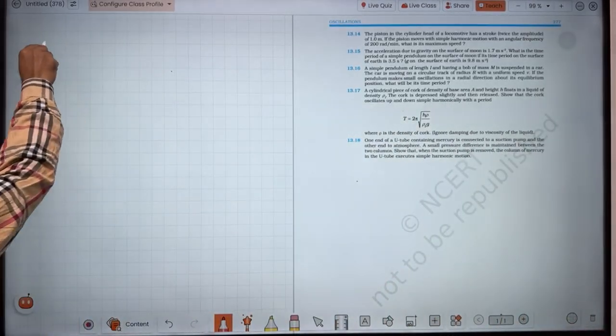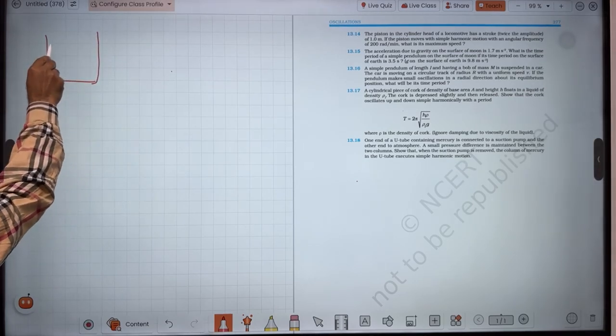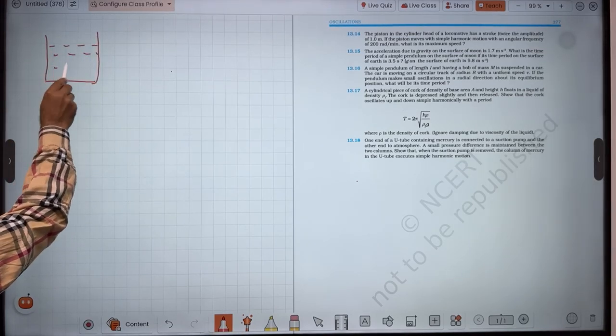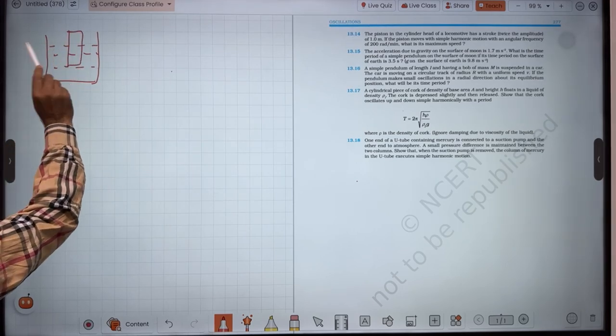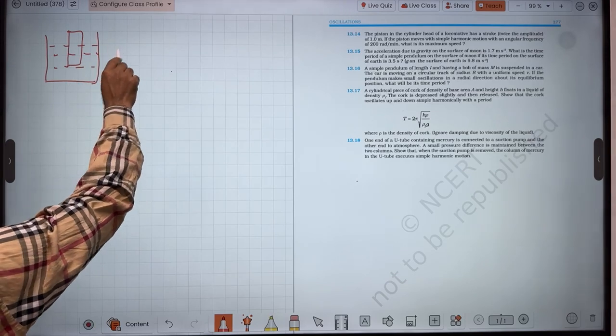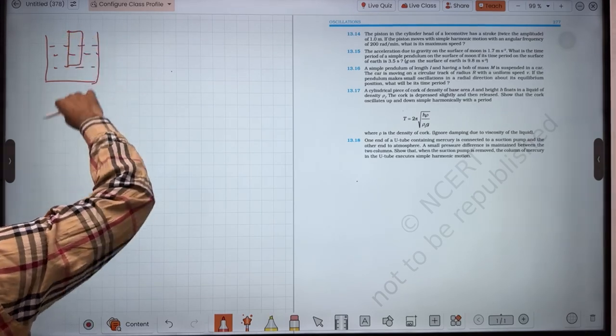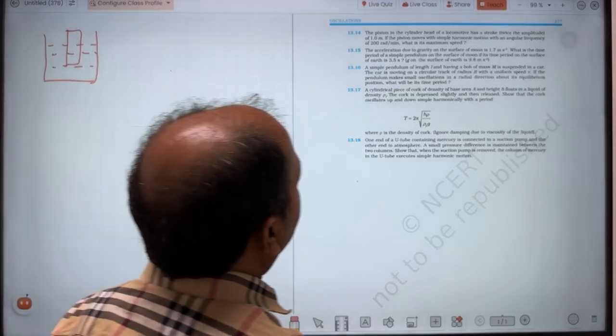So here the situation is like this. There is liquid and this is cork, right? Now it is depressed through a distance, say y, then it will start oscillating. The densities are given.